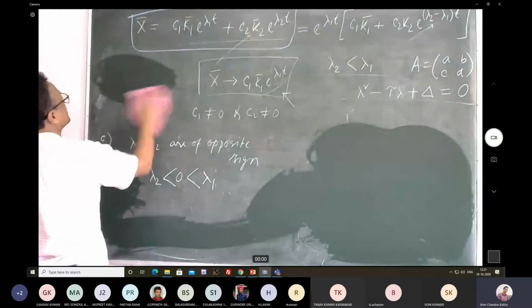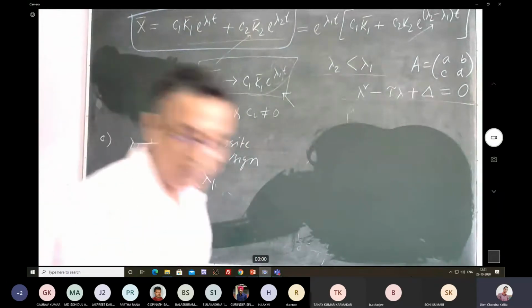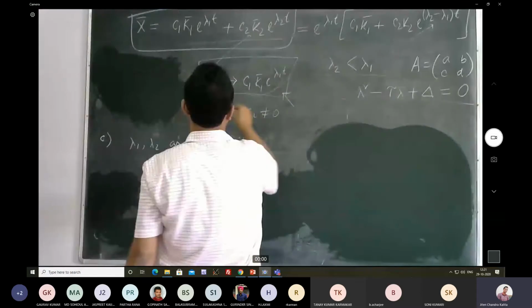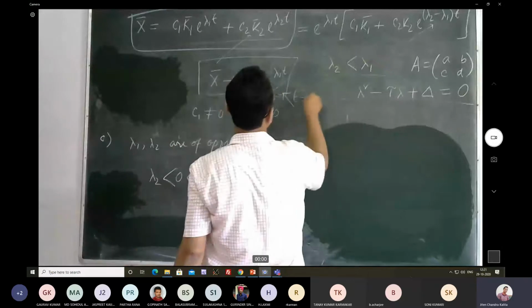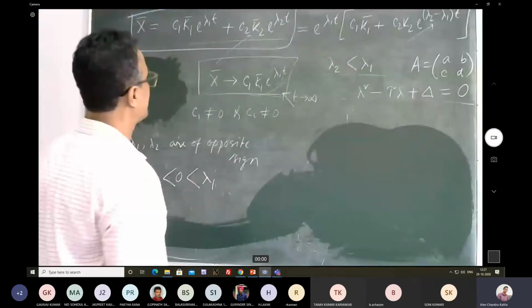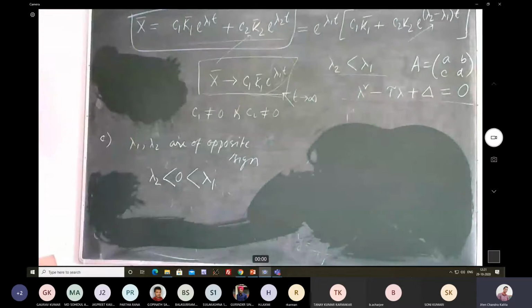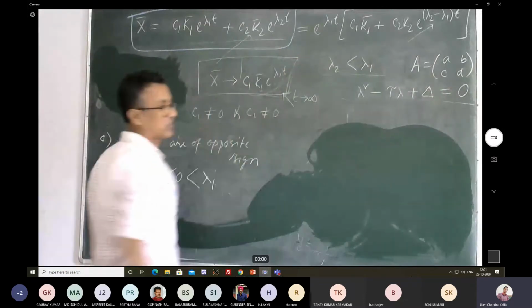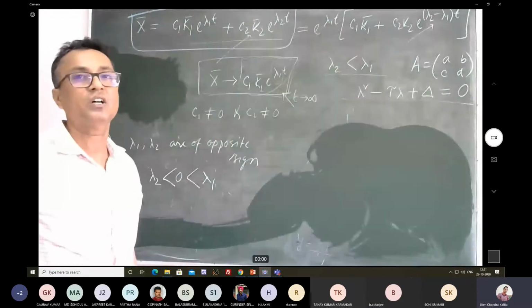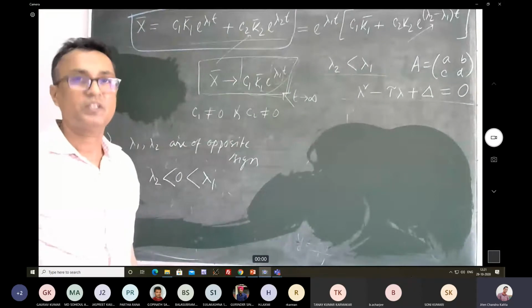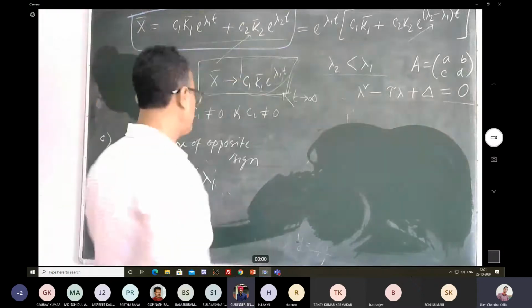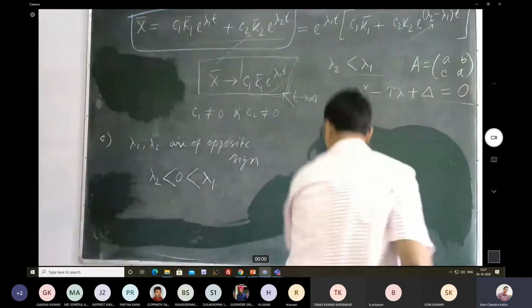So now, if you look at the solution, then again, as t tends to infinity, you know that all the solutions are going to be converging towards this vector, and it is going to be running away from the origin because your lambda 1 is positive. Is it okay here? Fine. Yes, okay, sir.